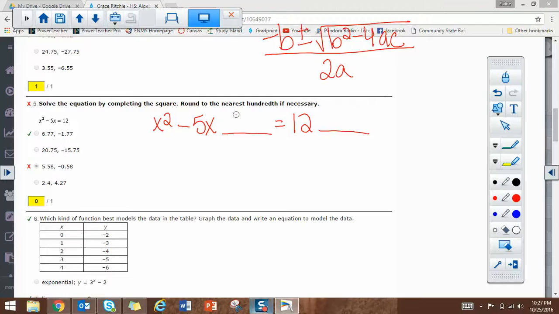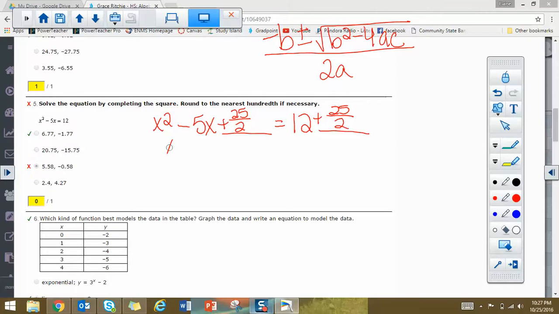I prefer to work with fractions, but you'll see here you get a lot of decimal answers. So it really is your choice. So half of 5 is 5 over 2, and if I square it, I get 25 over 2. So I'm going to add 25 over 2 to this side.